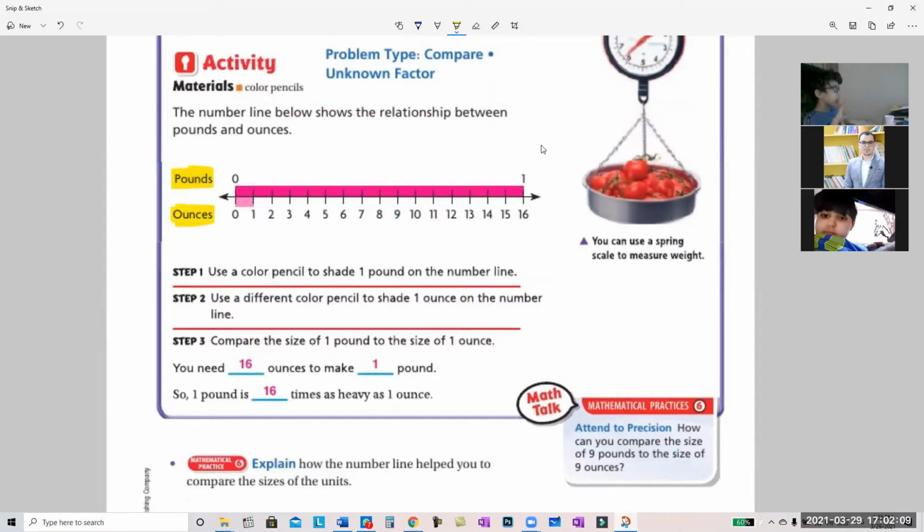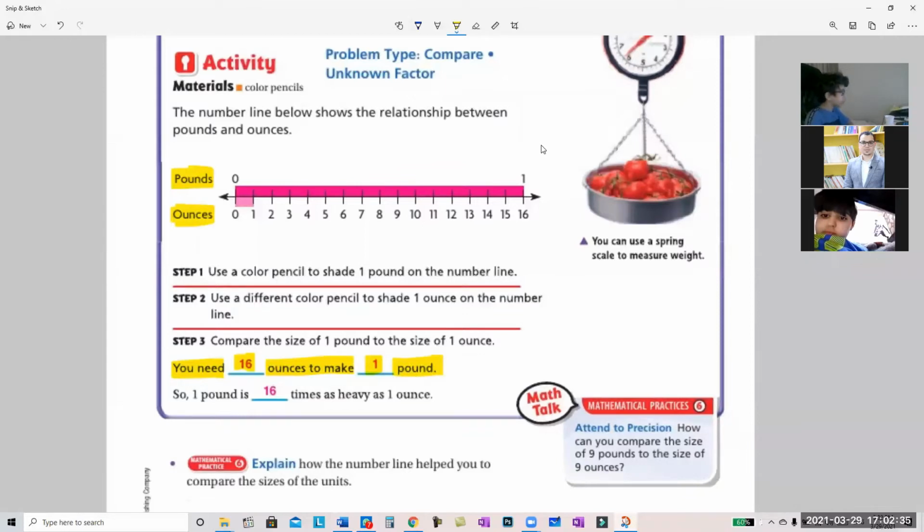So that tells us about 1 pound equals 16 ounces. So that's the meaning of this number line. So if you have 1 pound equals 16 ounces, you need 16 ounces to make 1 pound.